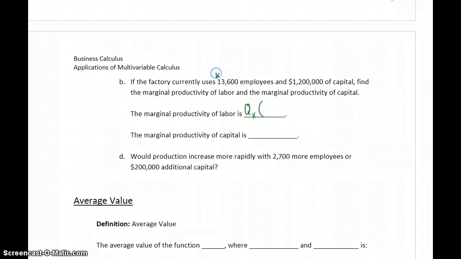So what this actually means is our x value should be 13.6 and our y value should be 1200. So this is our x coordinate, 13.6, but in thousands that represents 13,600. Same with the y coordinate. So we want to evaluate these two functions at 13.6, comma 1200.